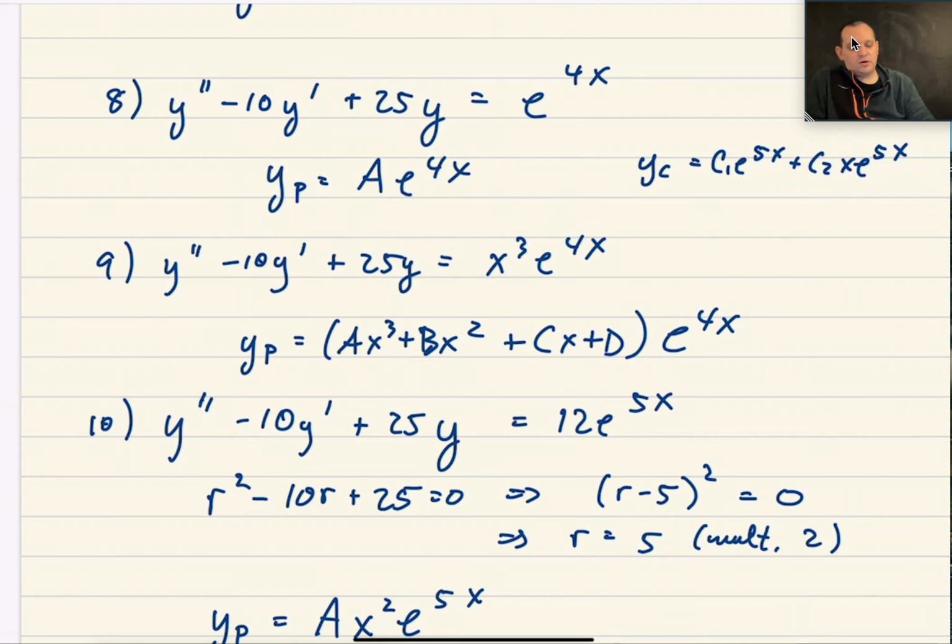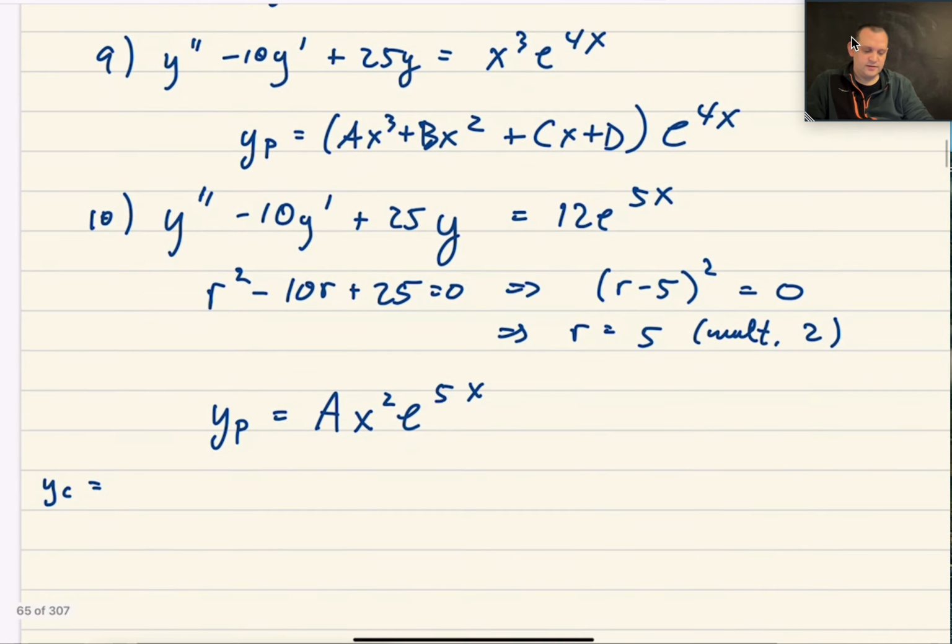And so our particular solution can't be x e to the 5x, just like it can't be e to the 5x, because those are both in the complementary solution. So what we need is an x squared e to the 5x, so ax squared e to the 5x. One way to think about it is that x squared is the smallest power of x that you can put in front so that it's not already in the complementary solution.